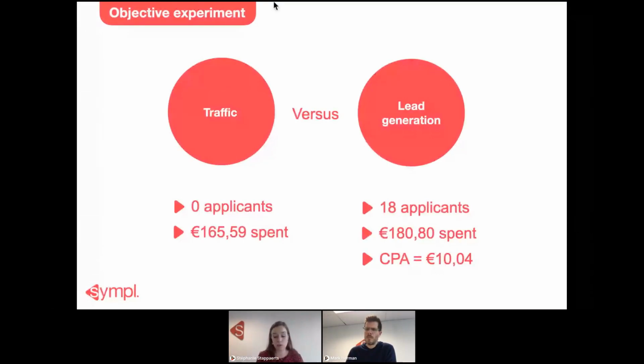Traffic was when people see an ad on TikTok, they click on it, come to your vacancy page, and there they have to apply. But with lead generation, we did the same campaign, so the same audience, the same advertisement, everything was the same, only the campaign objective was different. We received 18 applicants for a cost of 10 euros each. So here we already saw that lead generation was working better than traffic.